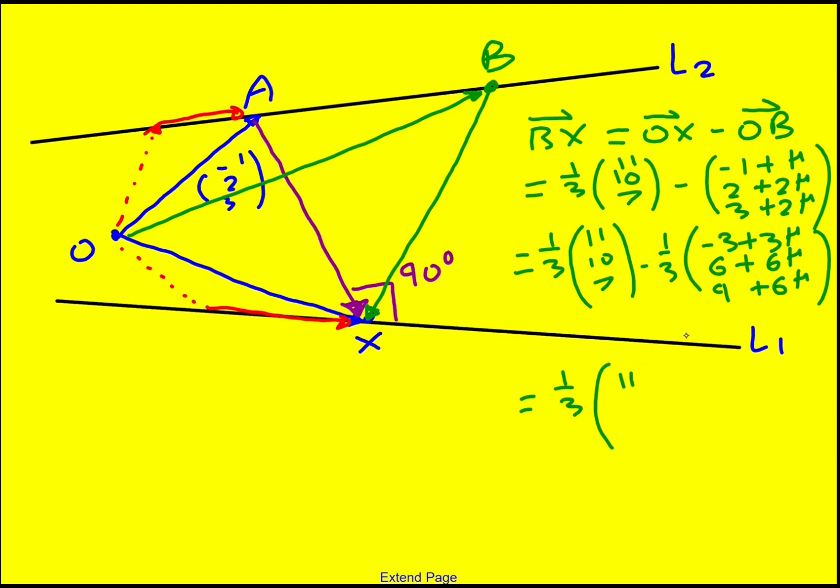Then bring it all together, it's going to be 11 plus 3 minus 3 mu, because I've got this negative here. 10 minus 6 mu, 7 minus 9 minus 6 mu.